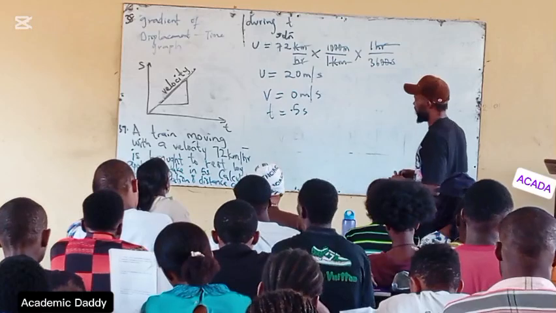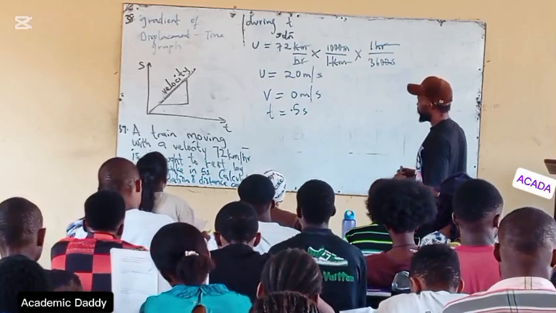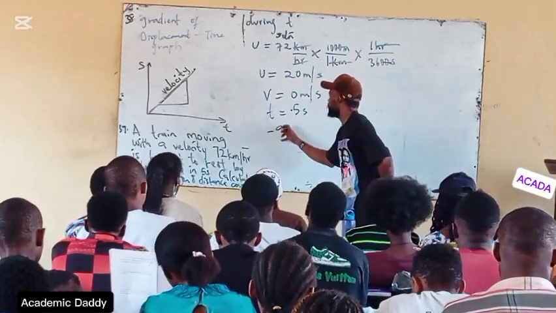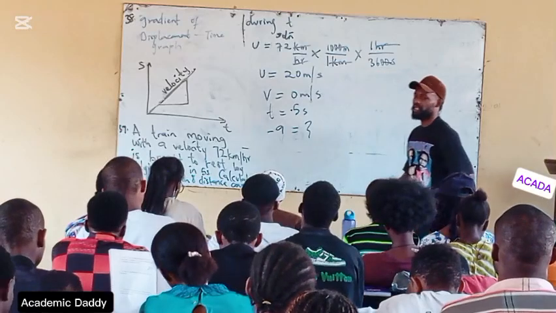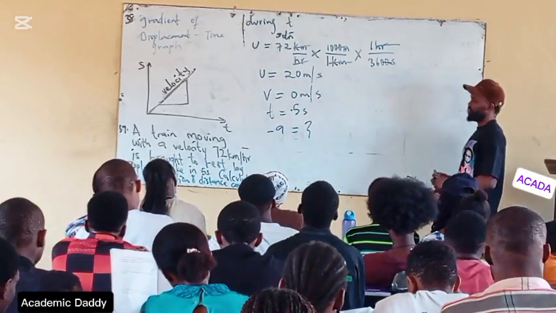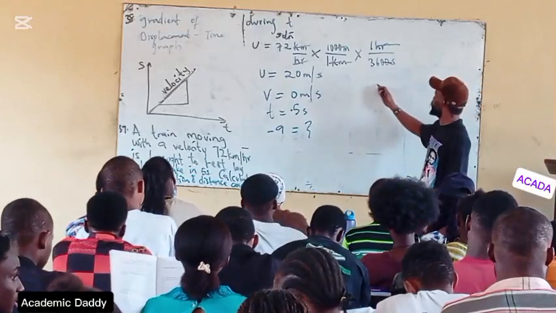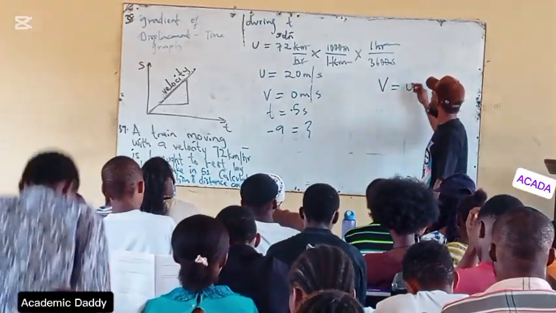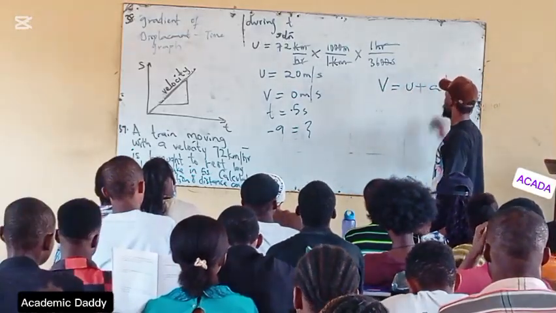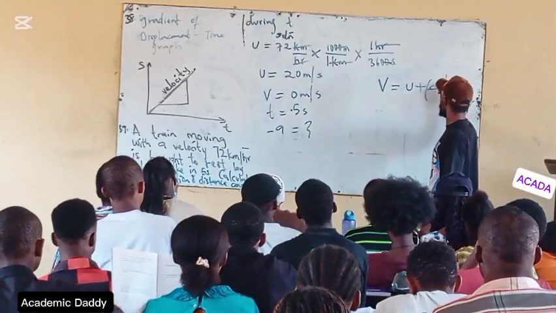When they now ask us to find the retardation, is it not true that what they're asking us to find is negative A? So we need to talk about acceleration, and we know that we're going to the equation of motion. But notice that this one will be minus.